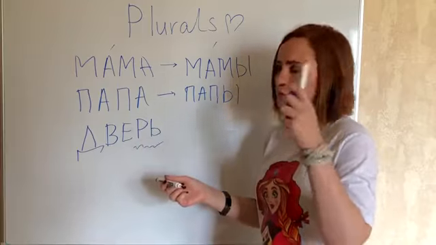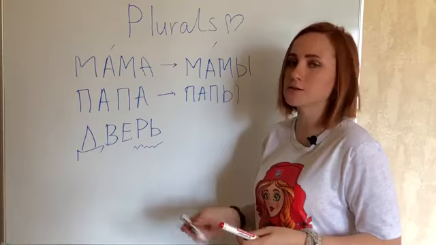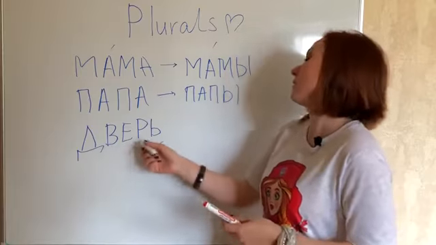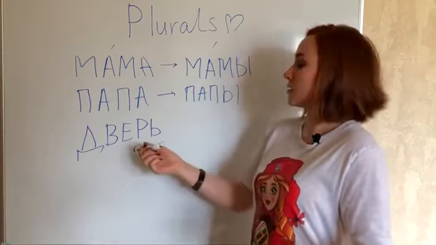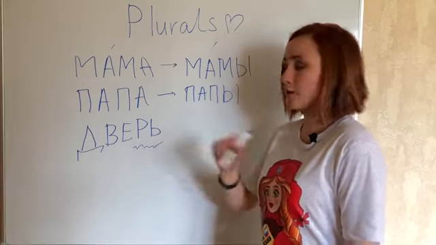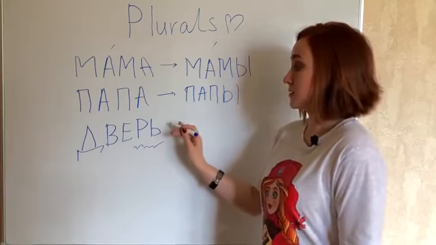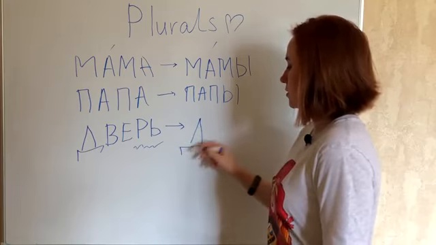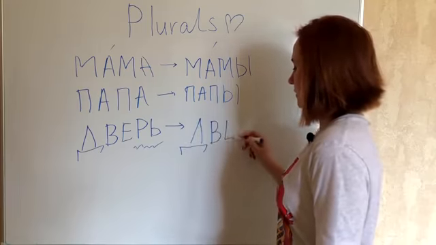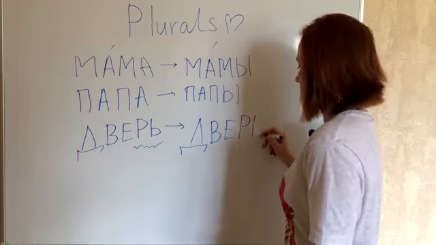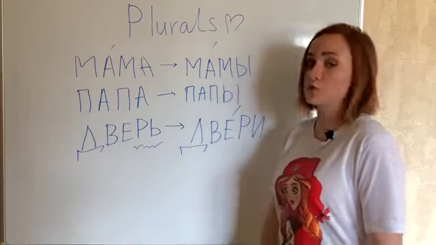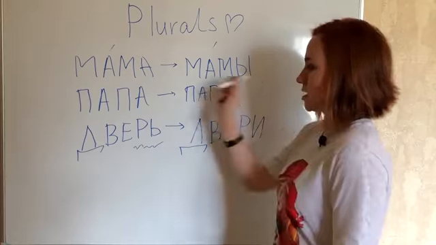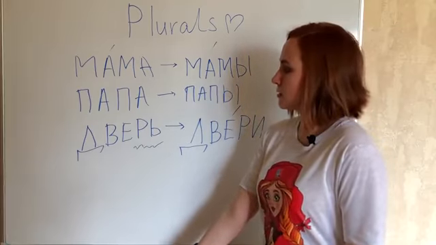Oh, no. Stupid me. It's the second situation. We have the soft sign. What do we do with soft consonants? We add soft e, right? So дверь, a door, turns to двери. Doors.